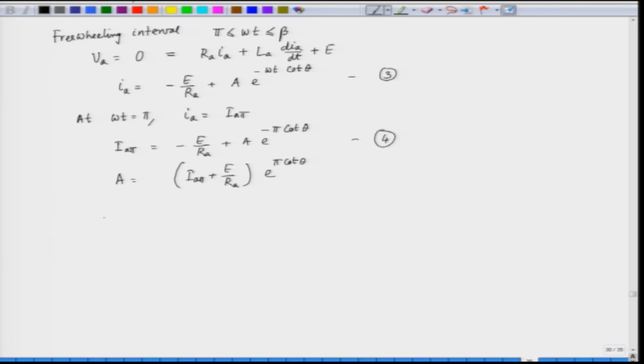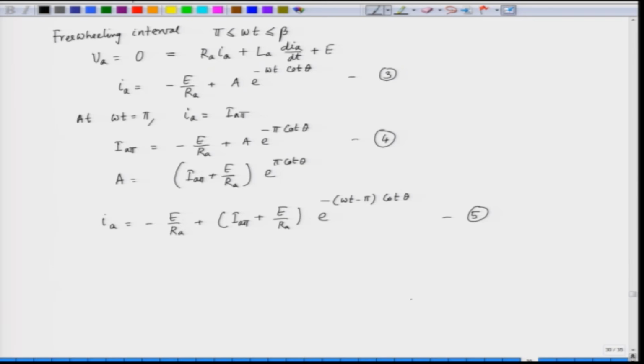So, what is I_A here? I_A is equal to minus E by R_A plus (I_A(pi) plus E by R_A) exponential of minus (omega t minus pi) cot theta. This is the equation of the current, and it is valid for the freewheeling interval.